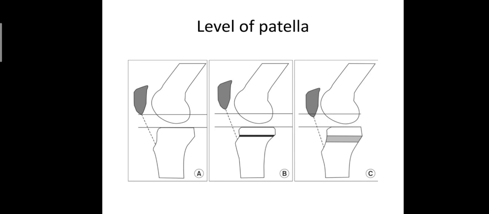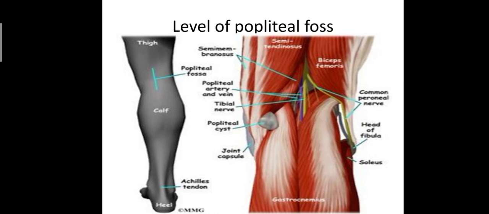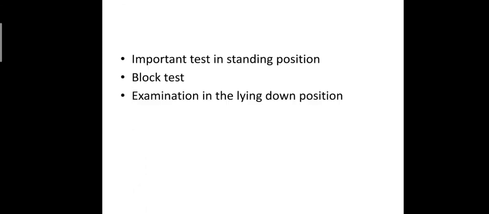Level of patella: in this diagram you see a depressed area above the anterior aspect of the tibia and the condition of the patella. Level of popliteal fossa: in certain conditions the popliteal fossa appears above its normal position, as visualized in this diagram. Important tests in standing position, block test, examination in the lying down position.